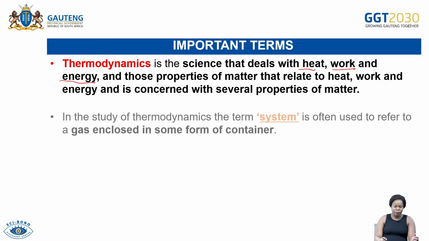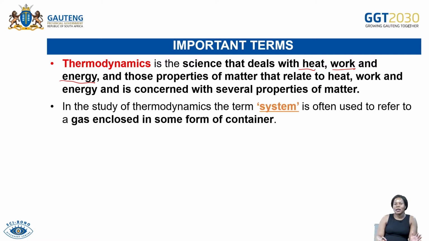Now, in the study of thermodynamics, there is a term that we commonly use: systems. What are systems, you may ask yourself? It is also used to refer to a gas that is enclosed in a container. Because it is enclosed in the container, we look at what is happening within it and separate it from what is happening on the outside.